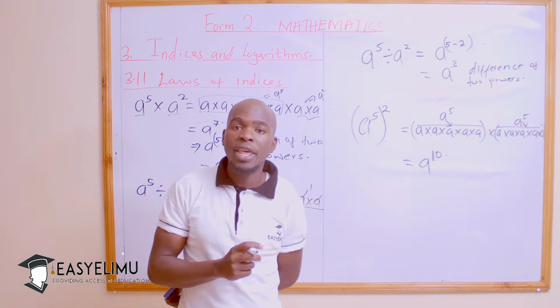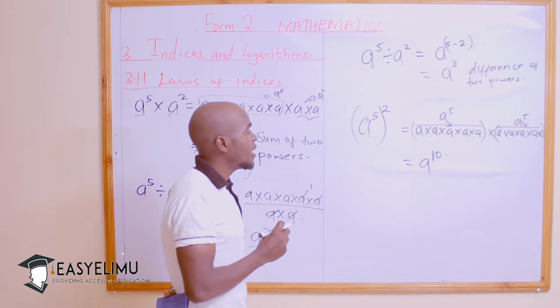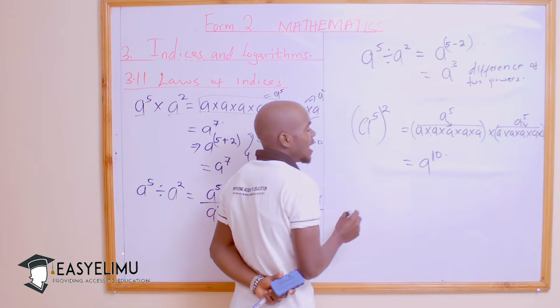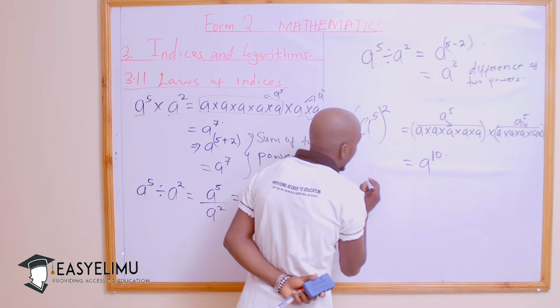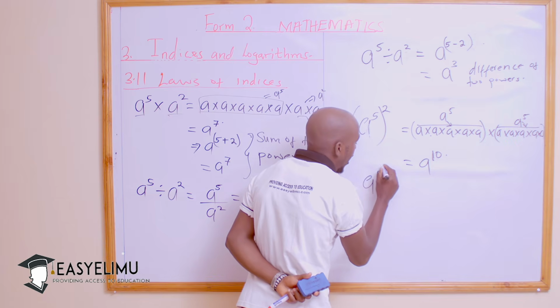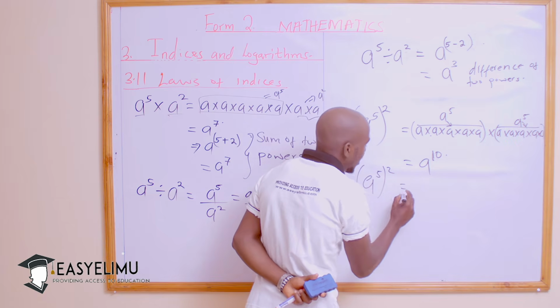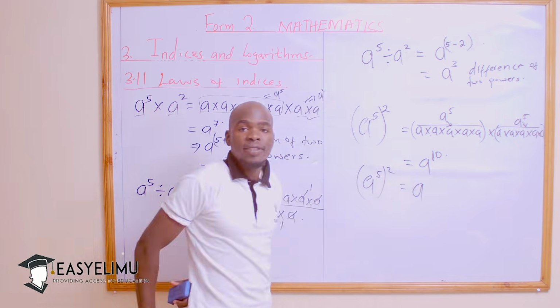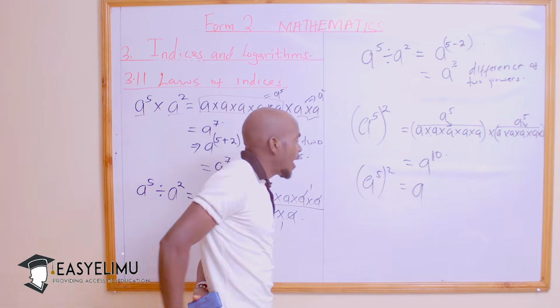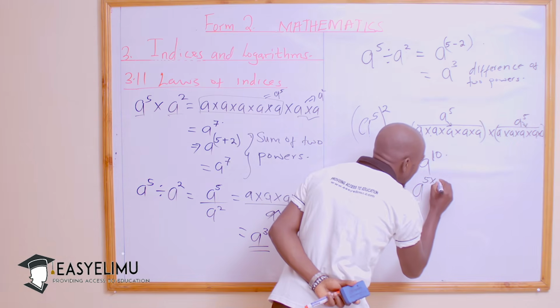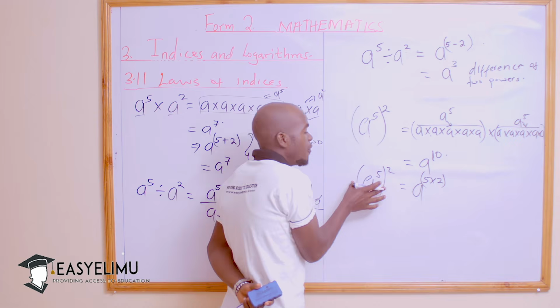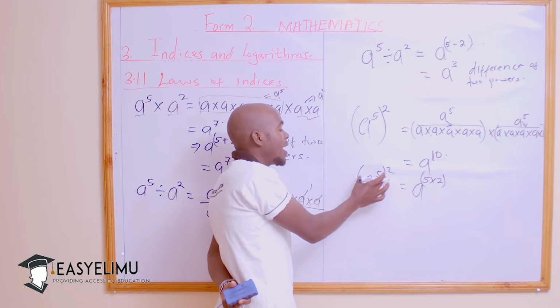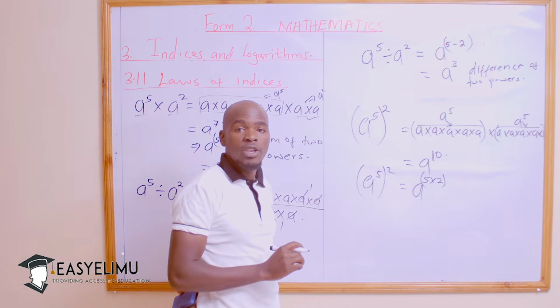So meaning that if you have a raised to 5 squared, you can just take a, since it is the same base, and multiply the powers when it is in a bracket and the bracket is being squared.